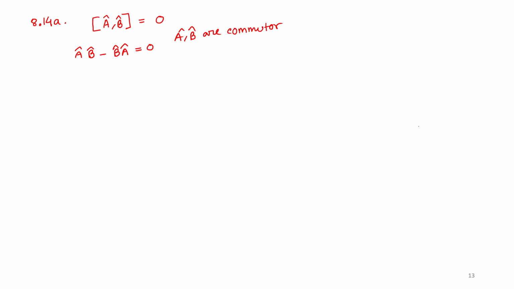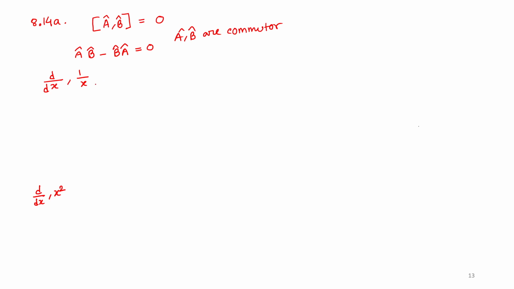But in the question they want us to see if d by dx and 1 by x commute or not, and in the other set you want us to know if d by dx and x square commute or not.